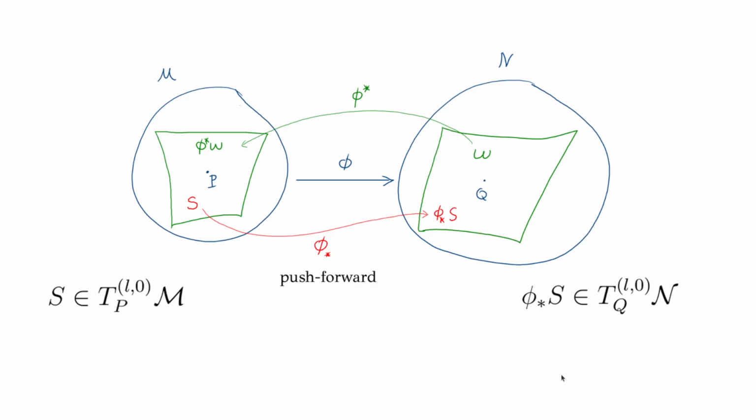Now let's move on to tensors where all their indices are up. These are L,0 tensors. Now we will discuss the push forward of such tensors from the point P to the point Q. So let's consider any such tensor at the point P, and we will denote the pushed forward map of it as phi star of S, as before.